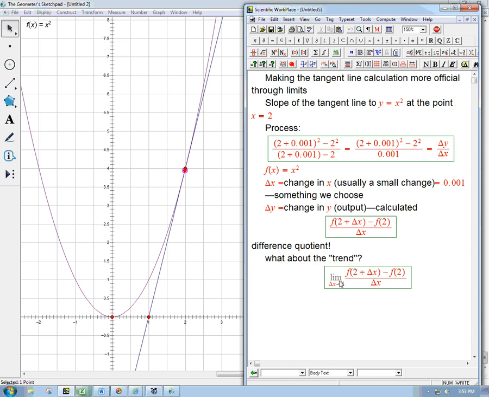Okay, so this is our terminology for what we've been doing. We take this expression, which is the slope of the secant line, and we're taking the limit as delta x goes to 0. And what this says is just exactly what we've been doing.